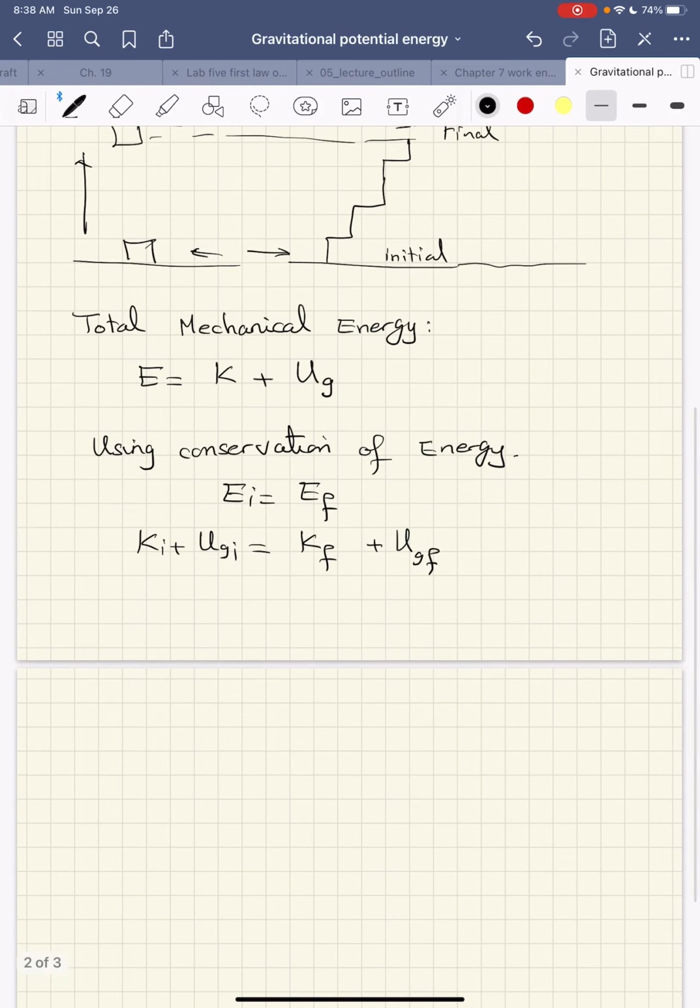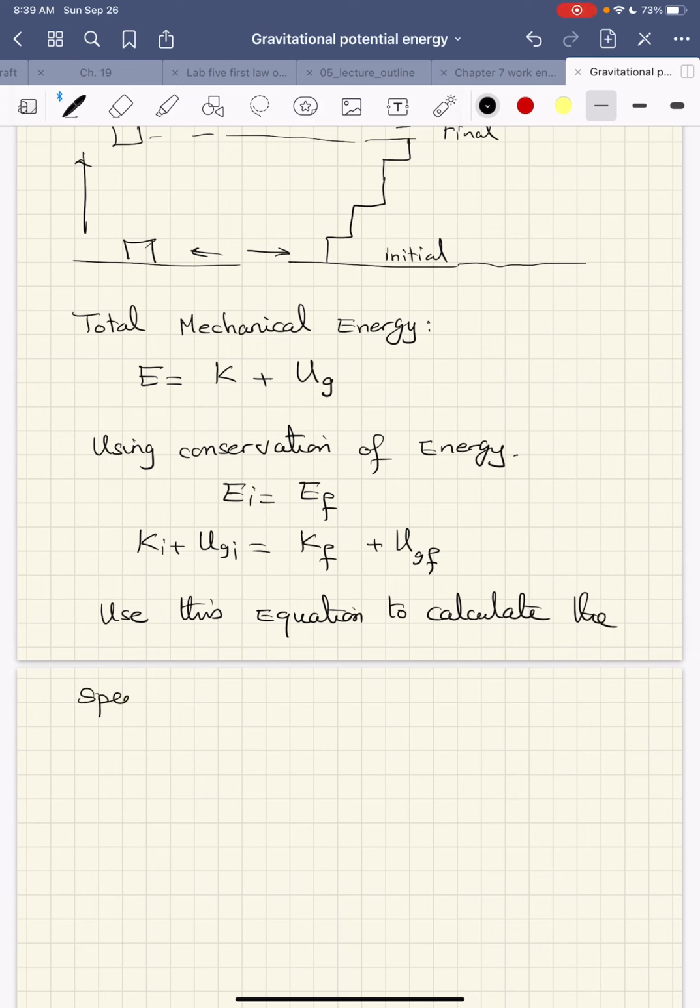We can use this equation to calculate the speed of a roller coaster from its height.